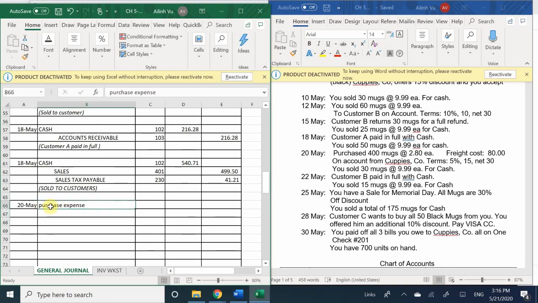Oh my God, what is wrong with my caps lock? I keep pressing it and it's not locking in. All right, purchase expense. Okay. We need to recognize freight expense. And then what else?